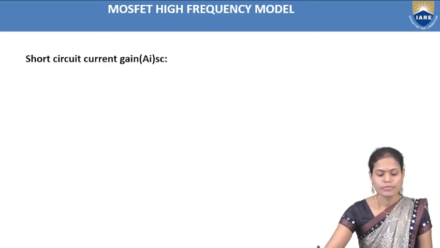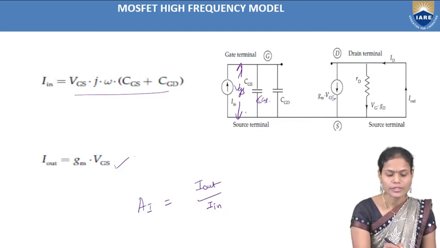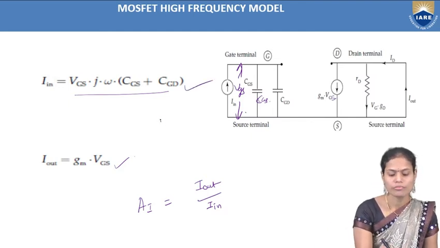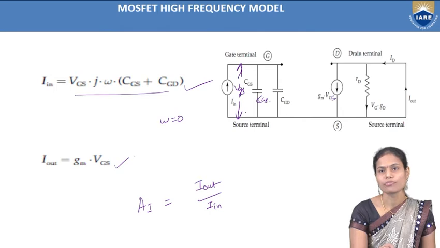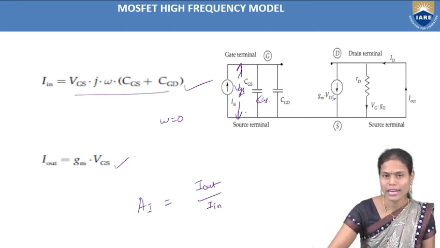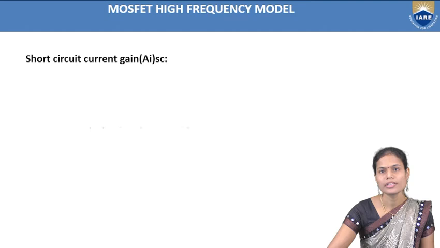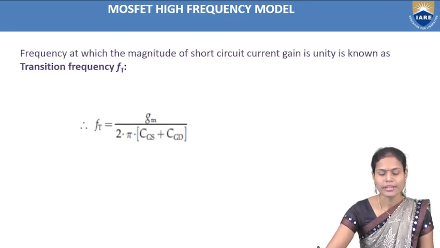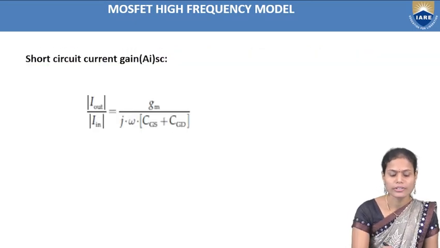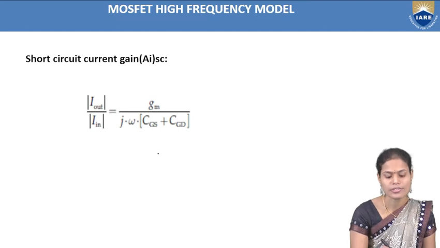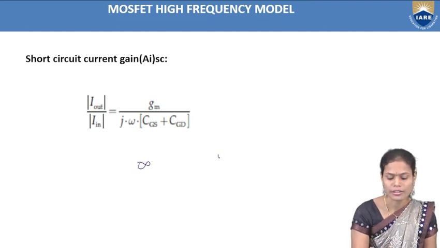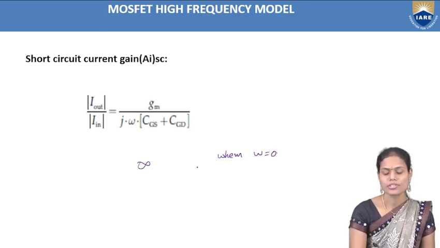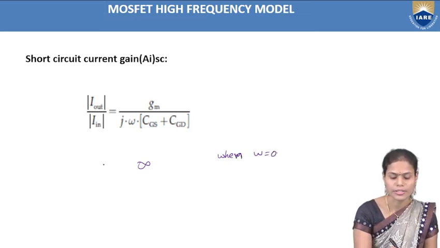So suppose in this particular equation omega is equal to 0, which is nothing but the reactance of the capacitor being 0. In that case, we will get the short circuit current gain as infinity.